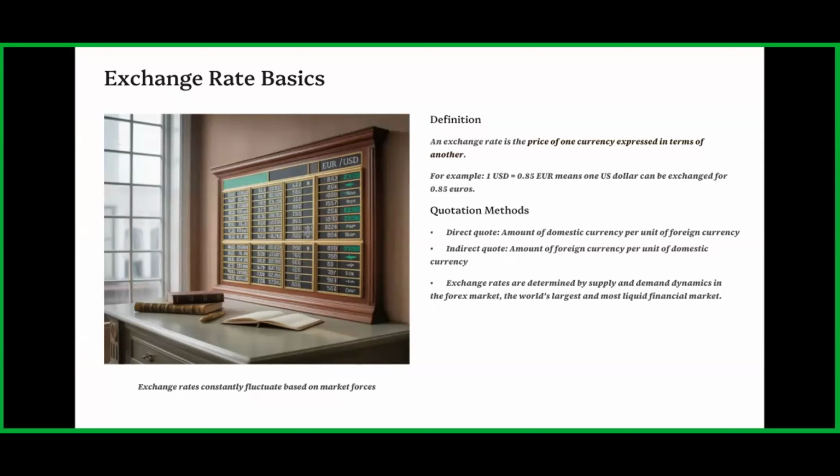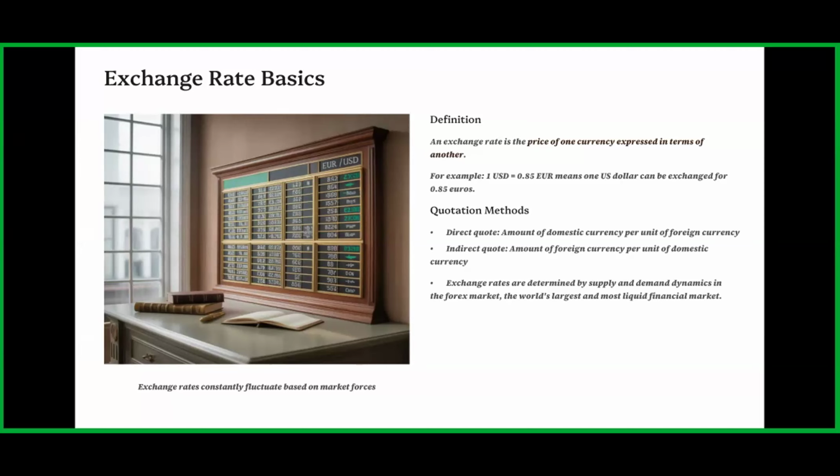When I want another currency, how much I have to pay, that rate we call the exchange rate. That means the price of one currency. If I want a dollar, on behalf of rupees, how many rupees will I have to pay to get $1? That rate we call an exchange rate actually.